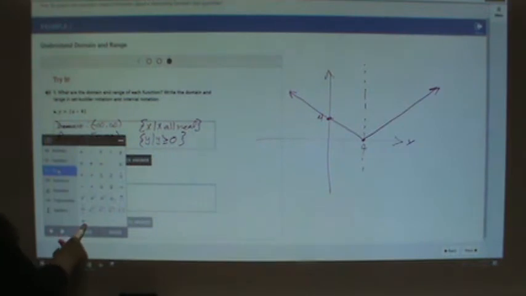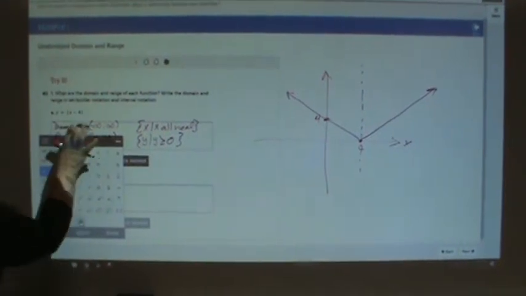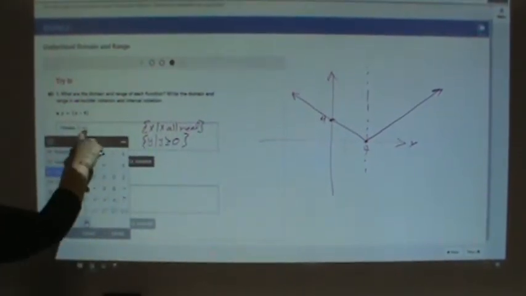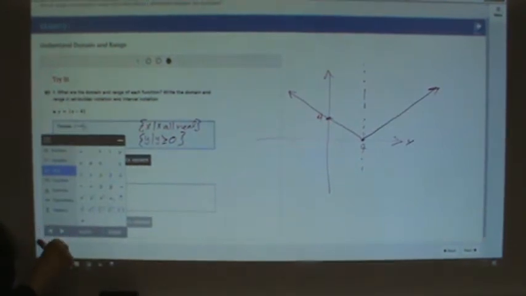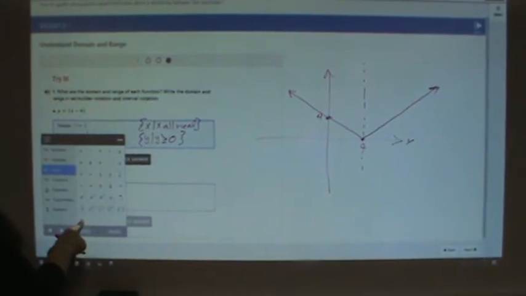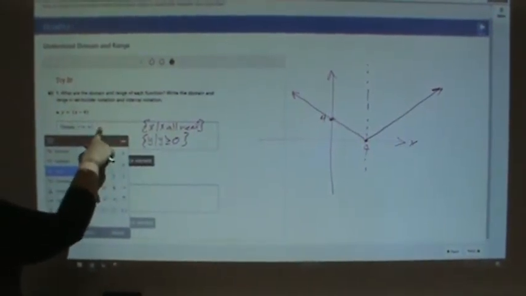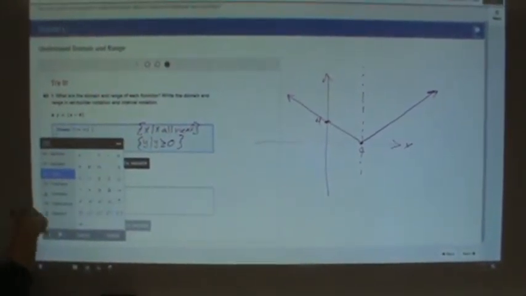Okay, here it is right here. So you're going to put a negative, so just click on this. Then you're going to put a comma, and then put a space. Click on this again. Okay, and then come out of here. Press enter. Then range.